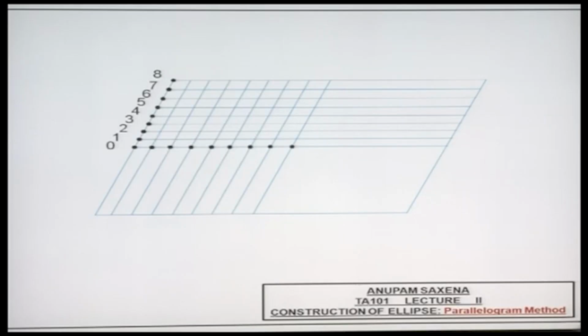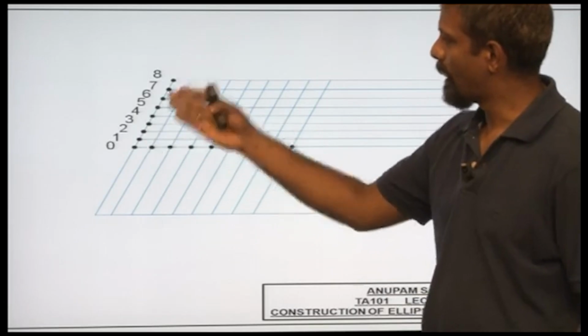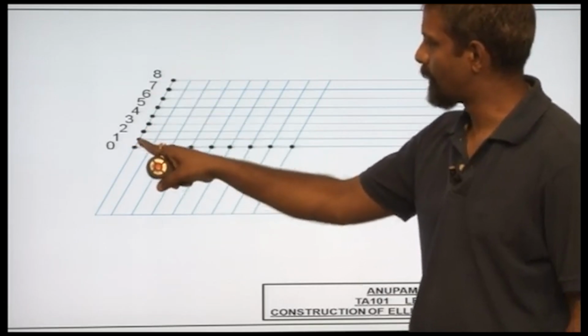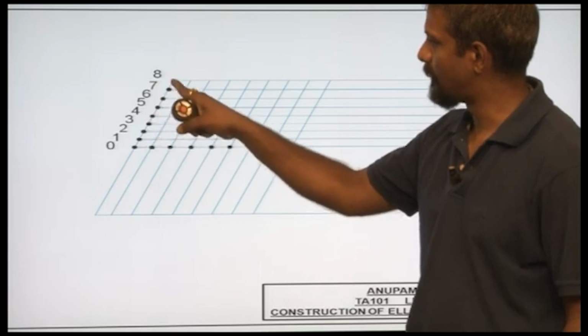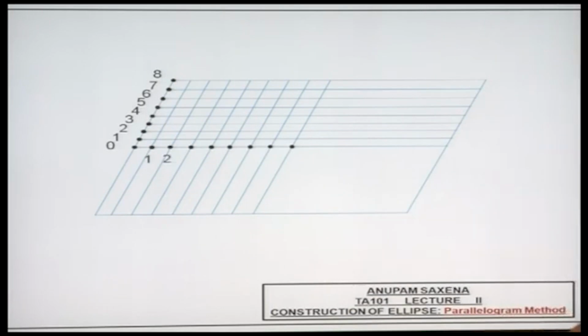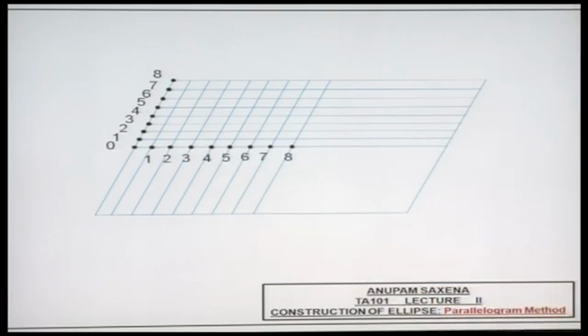Now watch out for the way I am numbering them. I am numbering these points from here, 0, 1, 2, 3, 4, 5, 6, 7, 8, and over here is going to be slightly different. It is going to be from here to here. Okay.